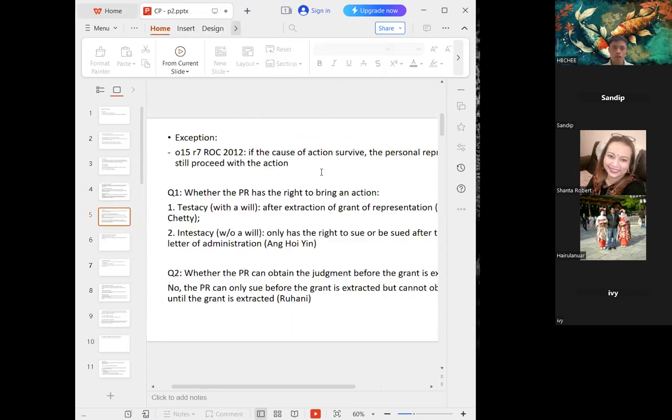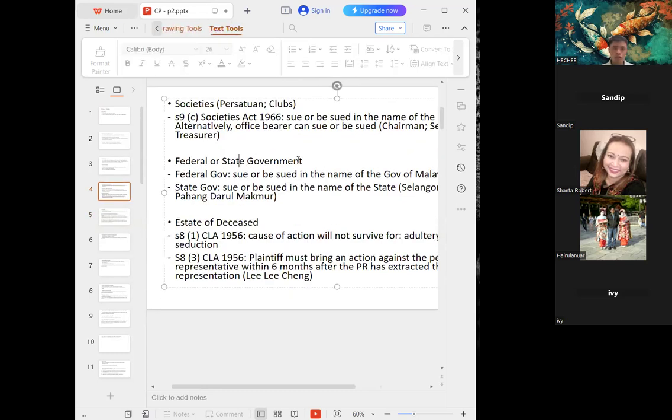Okay. Now, the federal or state government. The federal government and the state government sometimes look a bit confusing, because the first time I thought these were the same.